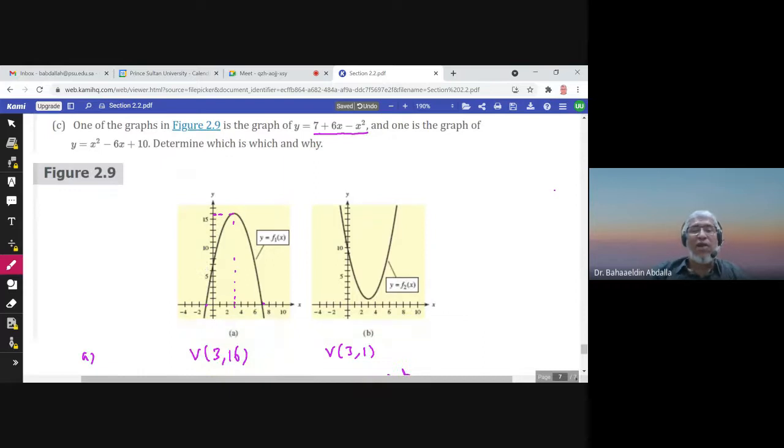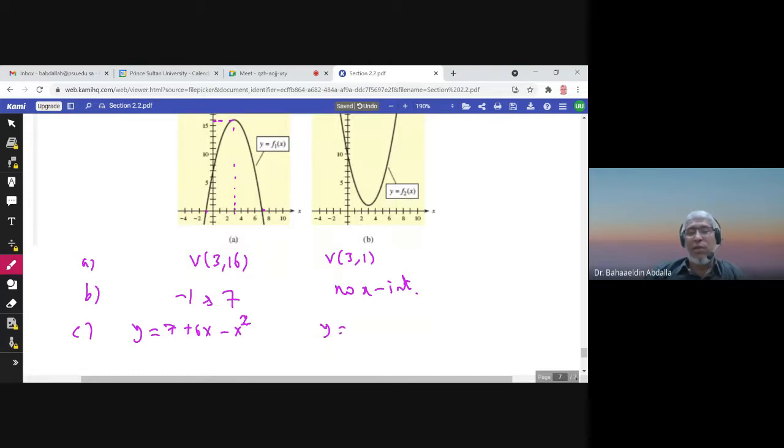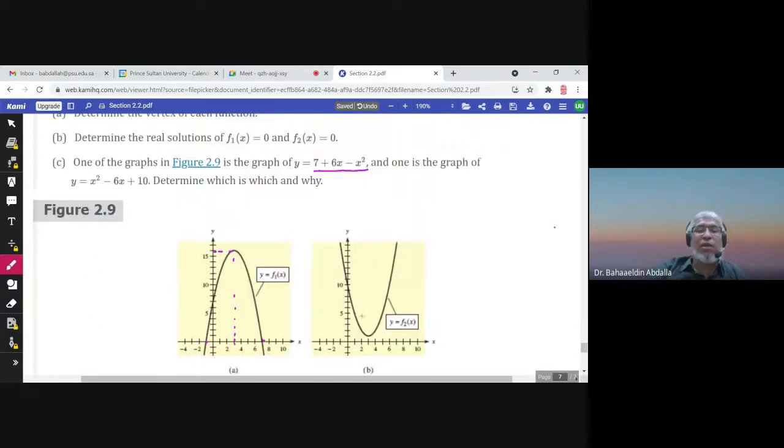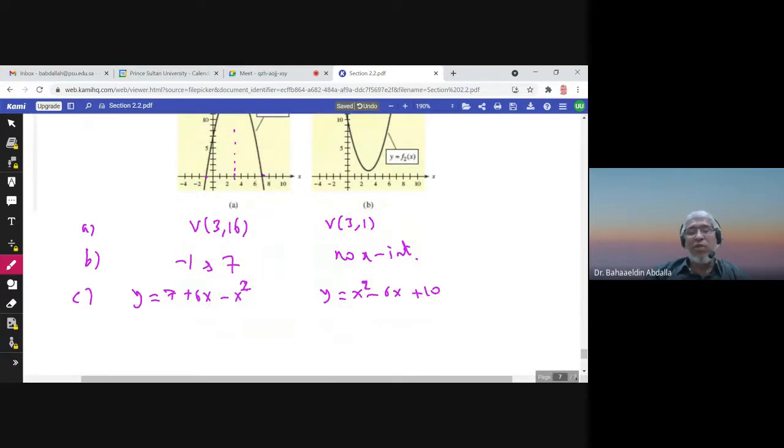While the other graph, x squared is positive, so it is the graph of y equals x squared minus 6x plus 10. Why? Because a is less than 0 here and a is greater than 0 here. So the parabola opens downwards here and the parabola opens upwards here.